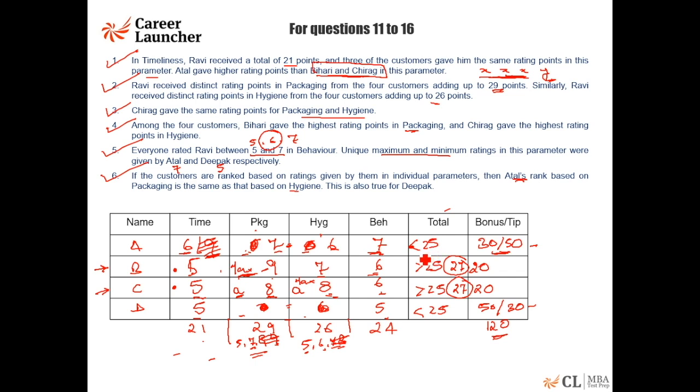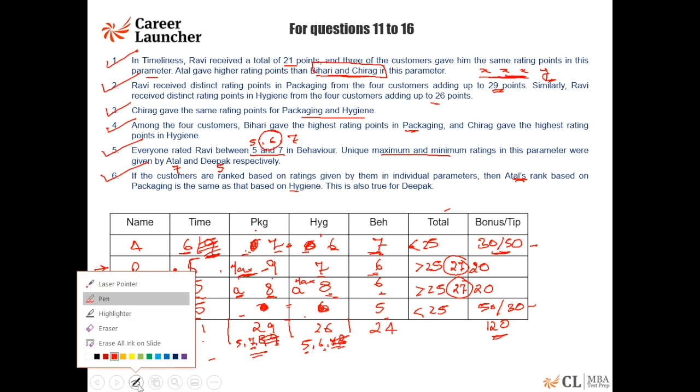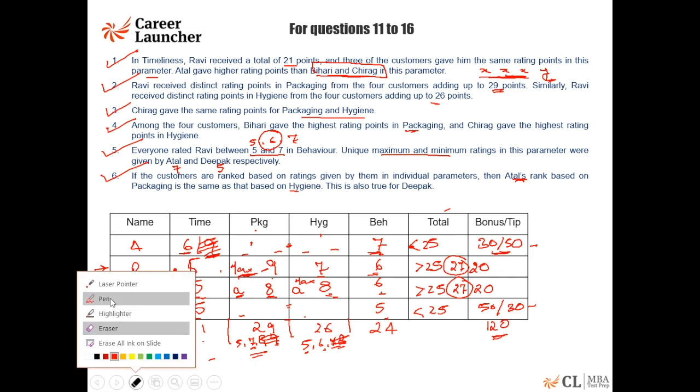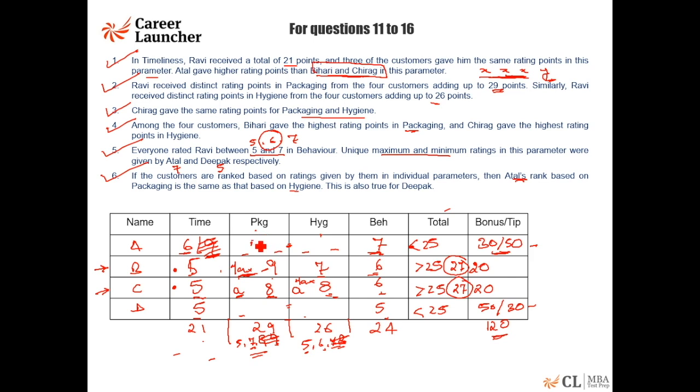So this case is completely eliminated, which means Atal was the lowest. Atal was 4th highest in packaging and in hygiene, while Deepak was the third highest in packaging and in hygiene. Okay. So Atal has to be 5 and 5, while Deepak has to be 7 and 6.